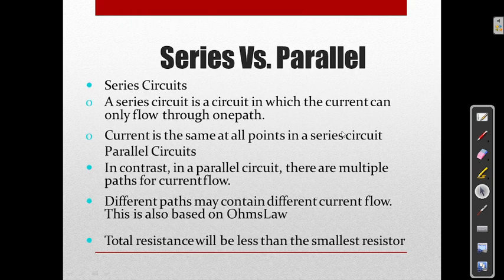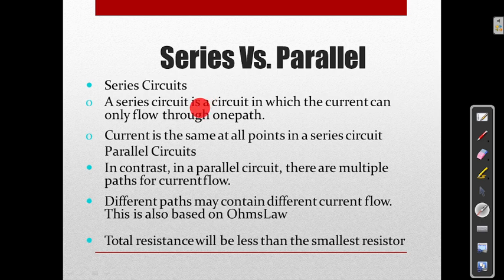A series circuit is a circuit in which the current can flow only through one path, and the current is the same at all positions in a series circuit. Whereas in a parallel circuit, in contrast, there are multiple paths for current flow.